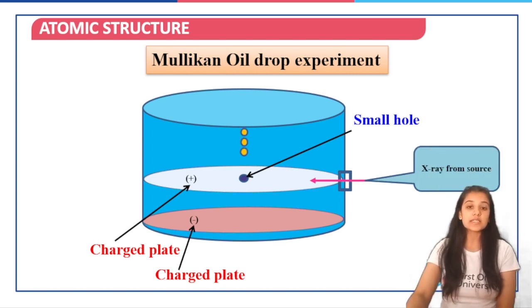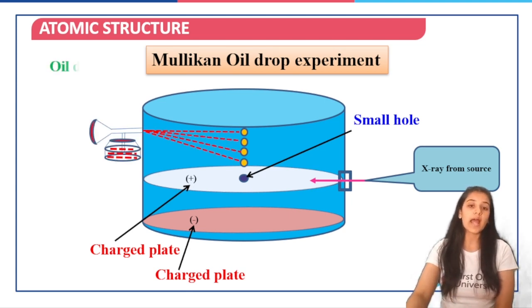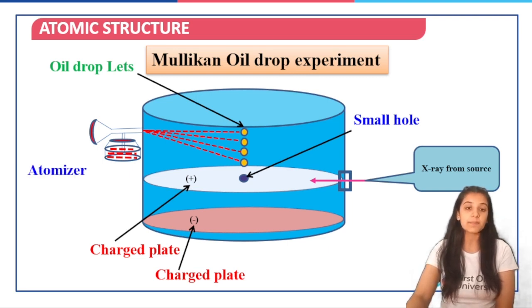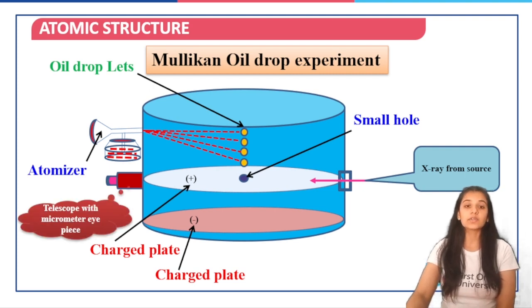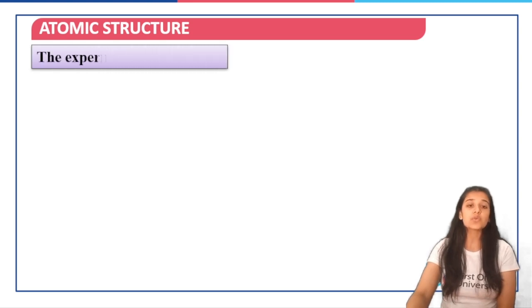Through this atomizer, the oil drops were falling onto this positively charged plate, moving towards the pinhole. When we observed it through this telescope, we saw that as soon as the drops fell through the small hole, they were made charged by the X-ray from the source. This is the oil droplet under observation. So once the experiment happened.